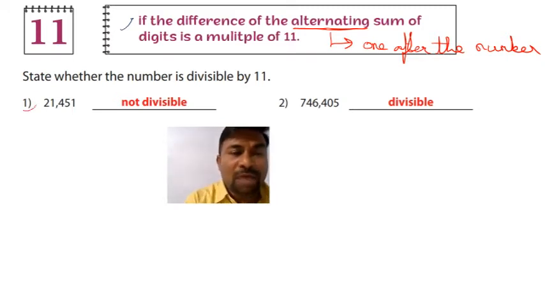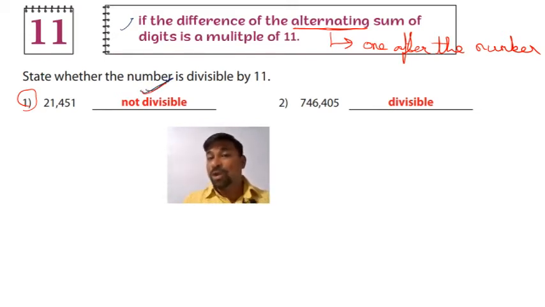Let's go with an example now. The first one I have taken, and I have said it is not divisible. Now let me go in a contradictory way: I am saying it's not divisible and I am going to prove why. Let us take the alternating numbers.